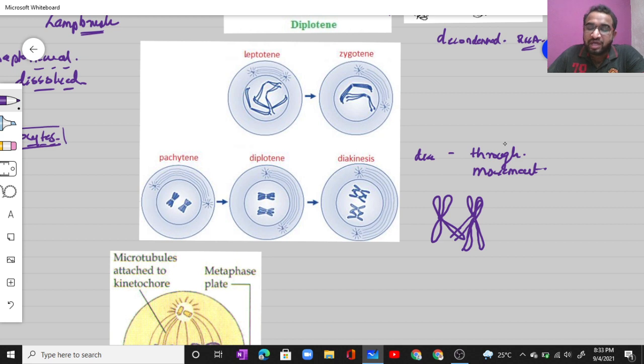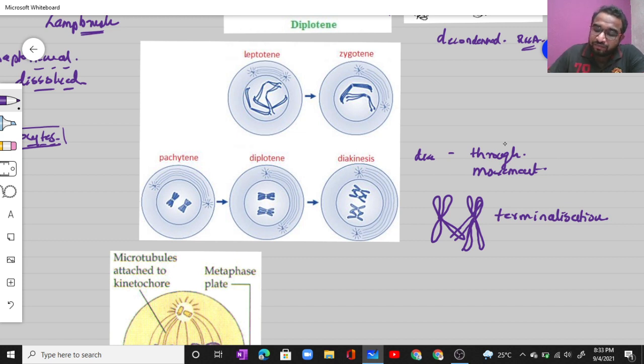So the chiasmata comes to the end, and the chromosomes finally get detached from one another. This phenomenon is called terminalization of the chiasmata, or the terminalization of the non-sister chromatids, that happens in diakinesis.